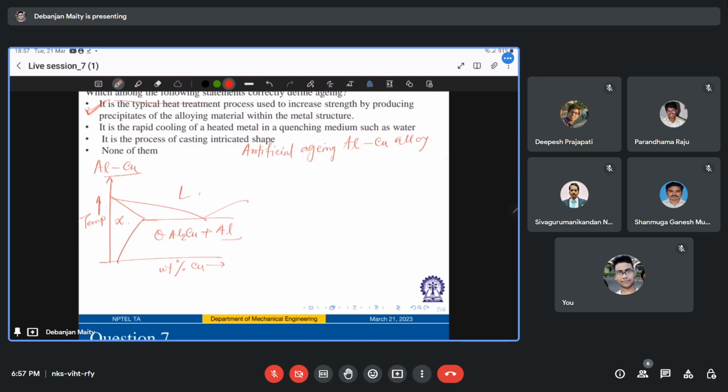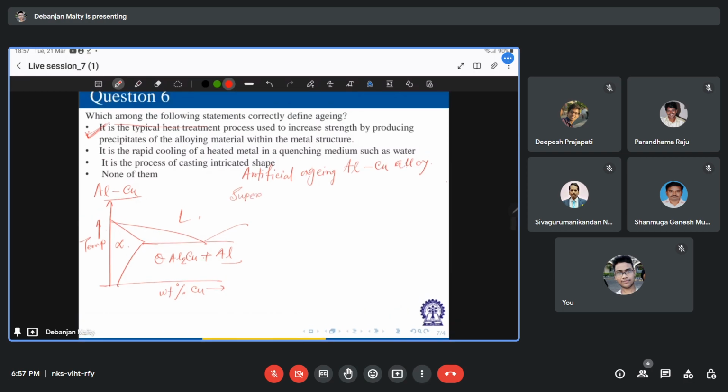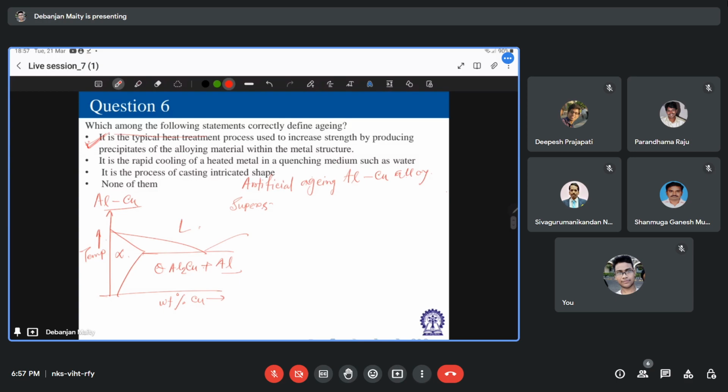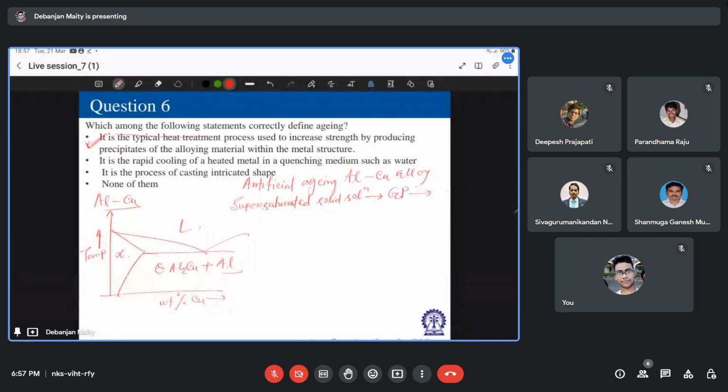So what are the structures you can form during artificial aging? Initially you will have a supersaturated solid solution, and then you have this GP region. From there you have this precipitate formation, and then finally you have this theta, Al2Cu.